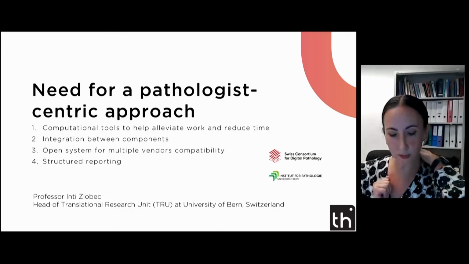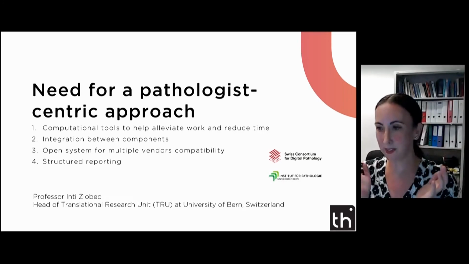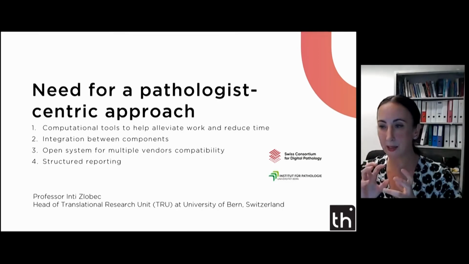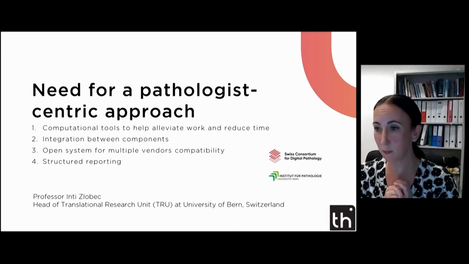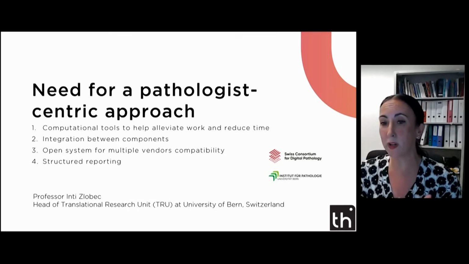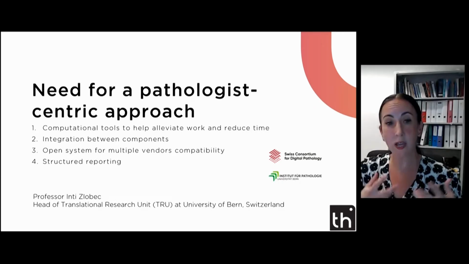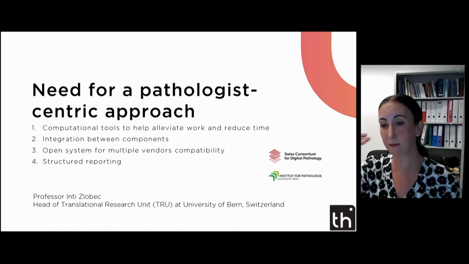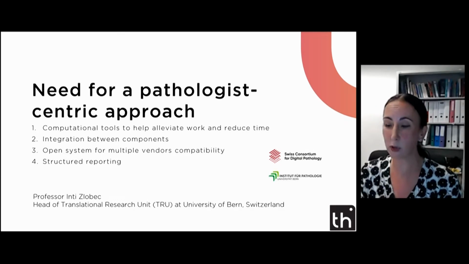This brings me to the third point, which is really the openness of systems. We want to be able to play with different components of the system. We don't necessarily want to be locked in. We want to use what comes out of diagnostics for research, and we want to use what we've done for research to put that into diagnostics. It's a virtuous circle, at least for those people who are interested in doing research at their institutes.